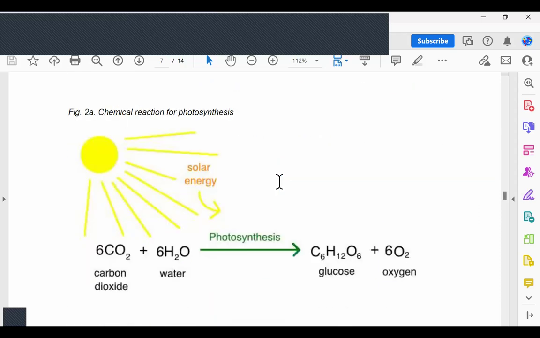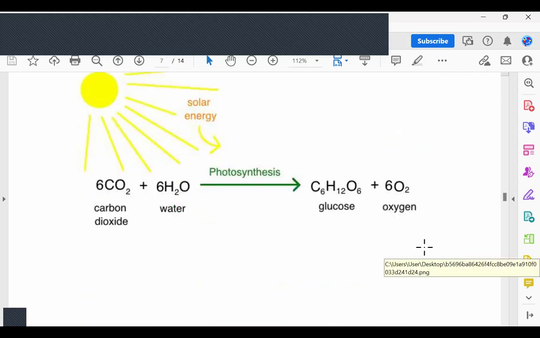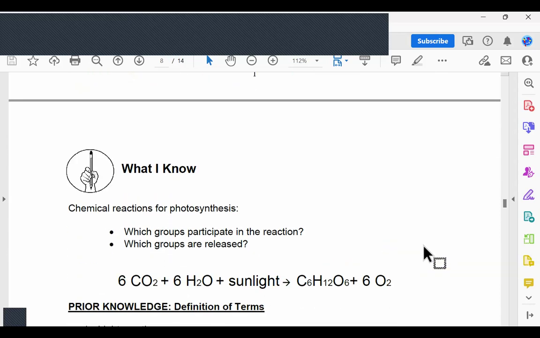Now this is the drawing, but there is a chemical equation over here. You have carbon dioxide, water, photosynthesis, glucose, and oxygen. But if you go down here, you would see the equation as this one. So which one are we going to follow?